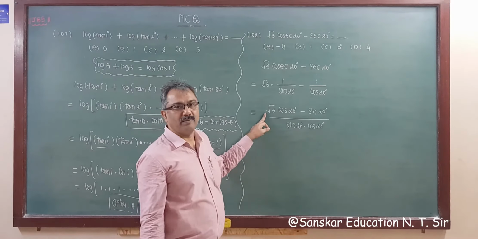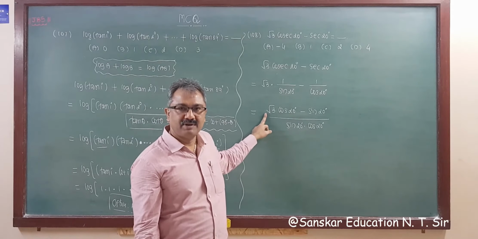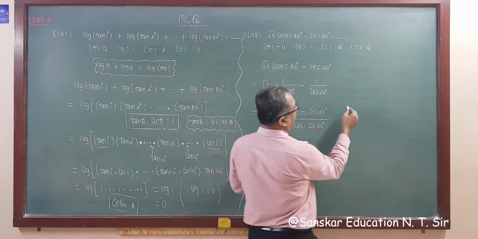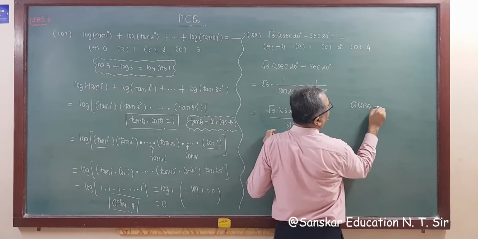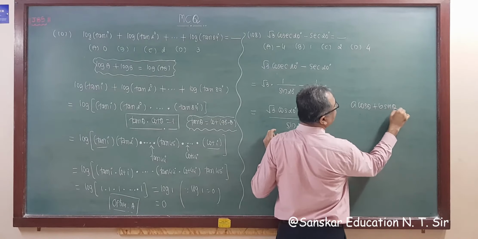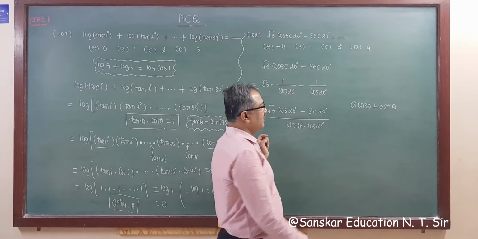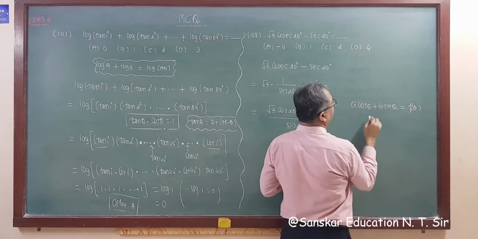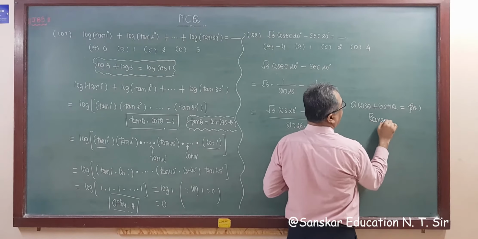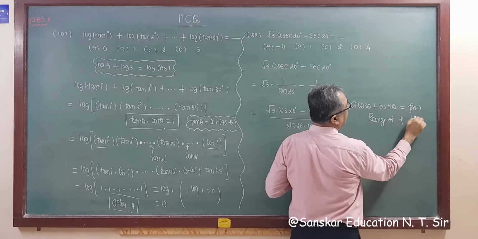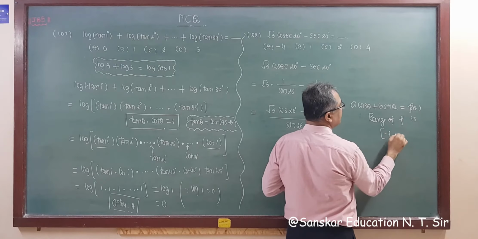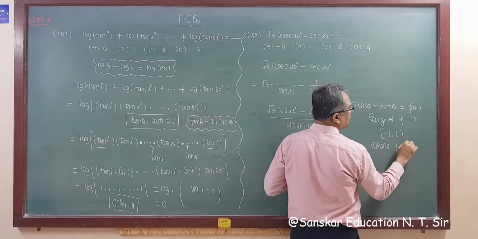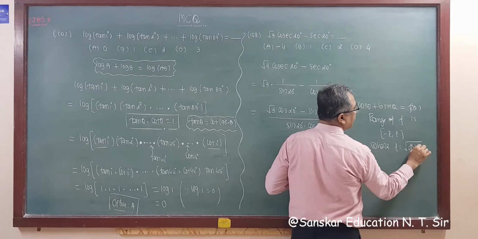Now again there is a problem, there is no formula, right? But we learned the range of A cos theta plus B sin theta. Suppose this is f theta, then the range of this function is the closed interval minus r to r, where r is equal to the square root of a square plus b square.